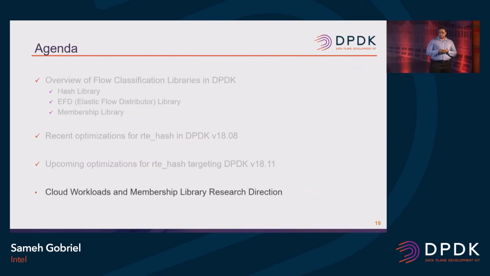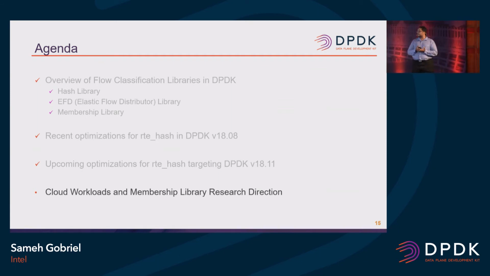Okay, so I finished almost all the things I wanted to talk to you about, which is an overview of the libraries, the optimizations that we have pushed in 18.08, and the extended table idea that we are targeting for 18.11.